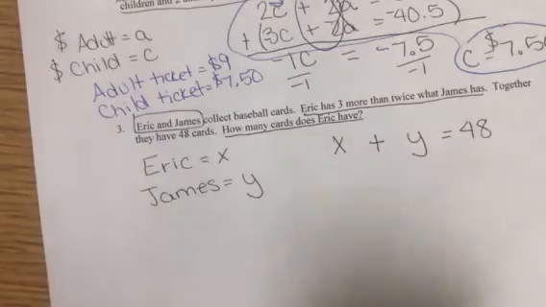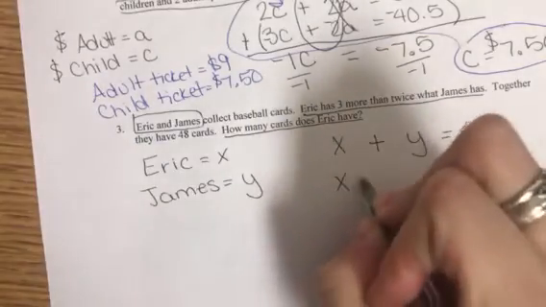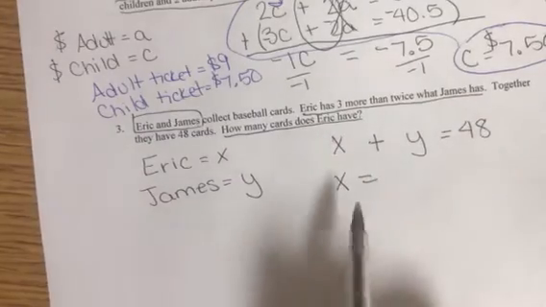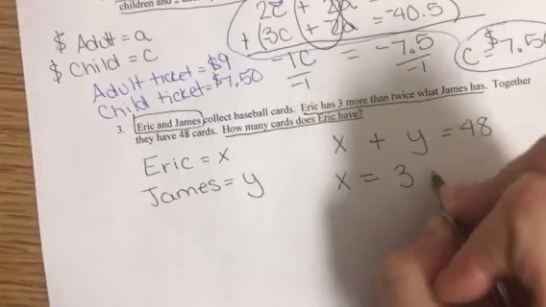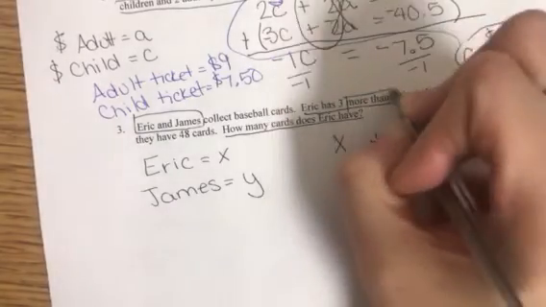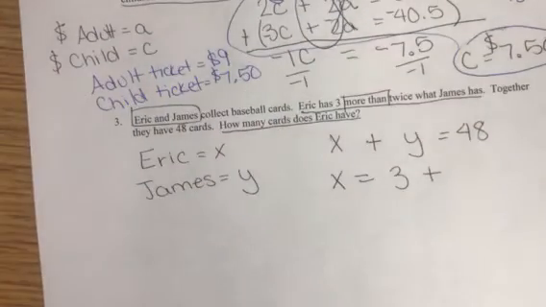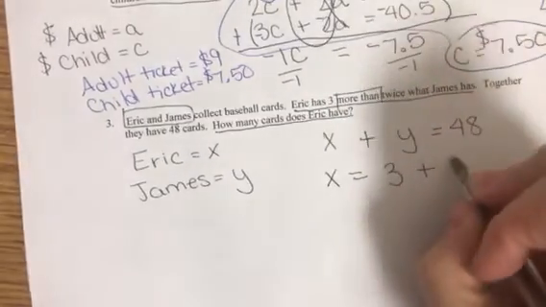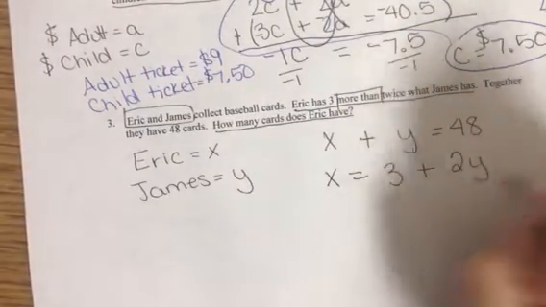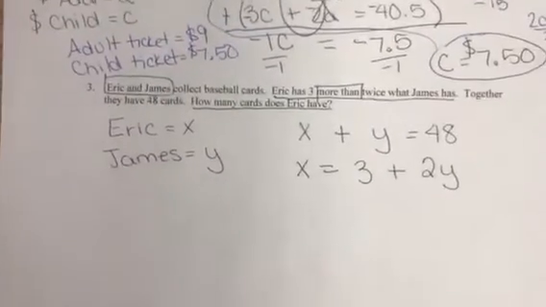It's just a different form of that, right? So Eric equals, Eric is now X, 3 more than, so 3 more than tells us to add twice James. So twice is multiplication and James is Y.